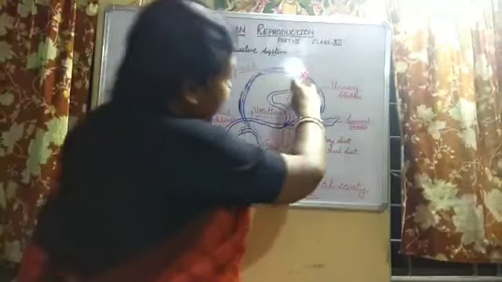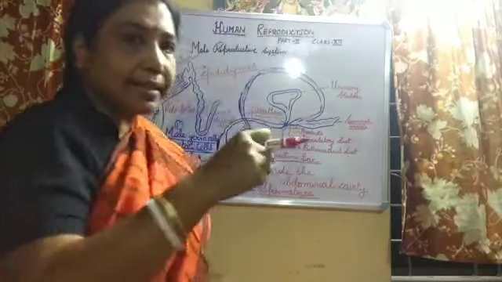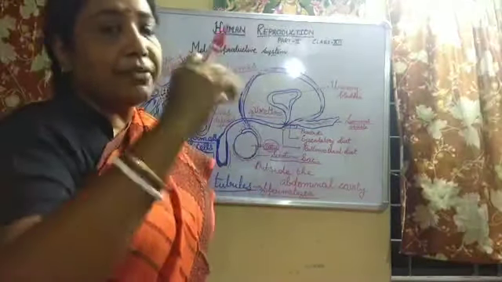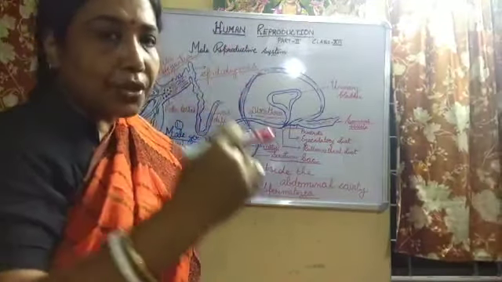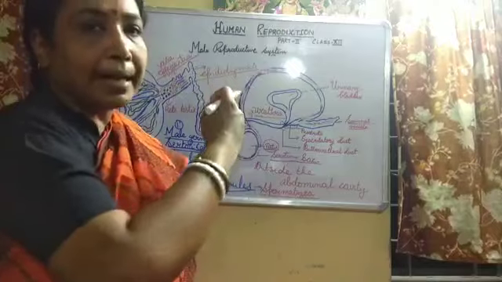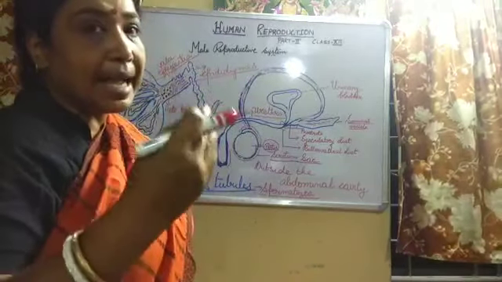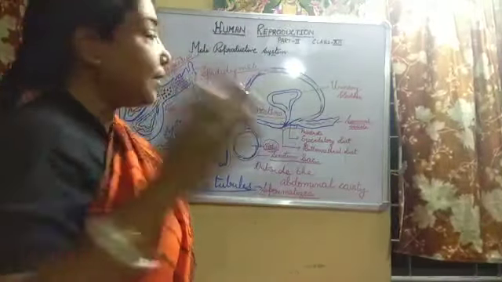Why? Because the sperm traveling such a great distance needs some energy, needs some nutrition, needs fluidity for continuation of its traveling path, because it ultimately has to reach the female genital tract. That should be the ultimate target.